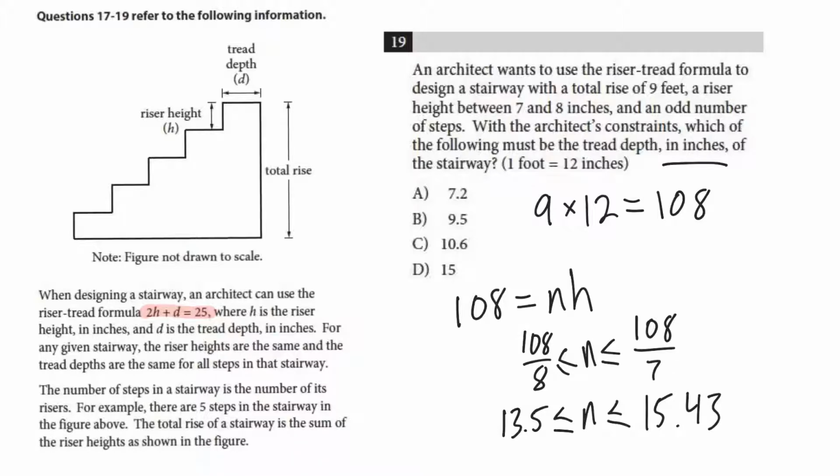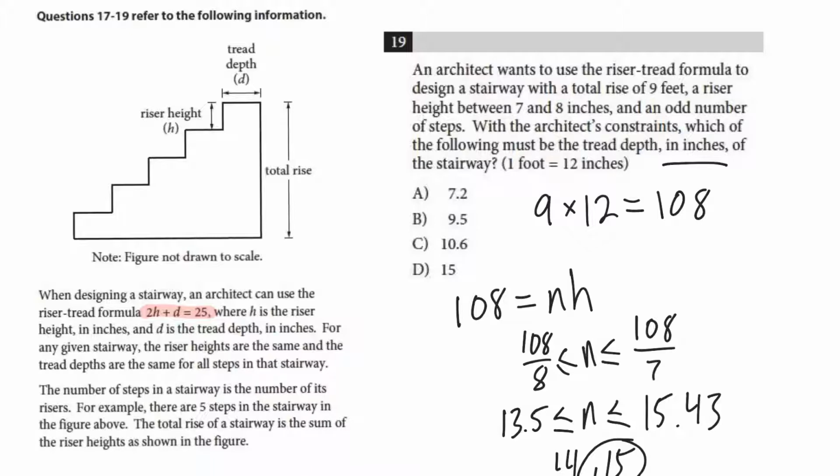We can also see that the number of steps has to be a whole integer. So possible values are greater than 13.5, that'd be 14, and less than 15.4, that'd be 15. And we know that our number of steps has to be odd. So the number of steps has to be 15.